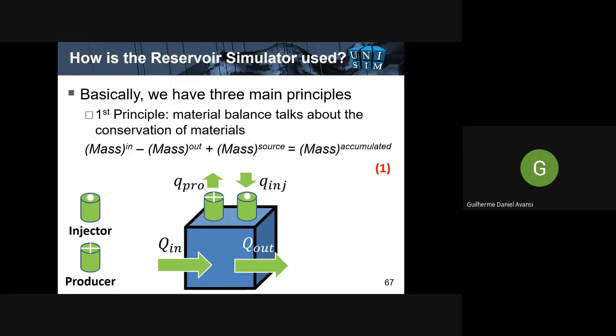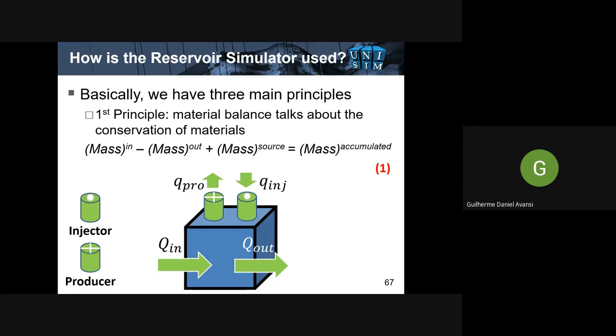With the producer, we just get the mass out from the grid cell, and with the injector, it just includes mass into this grid cell. This is the difference between mass getting into or getting out, and this mass source I put here as positive, but whether getting in or getting out is positive or negative depends, right?